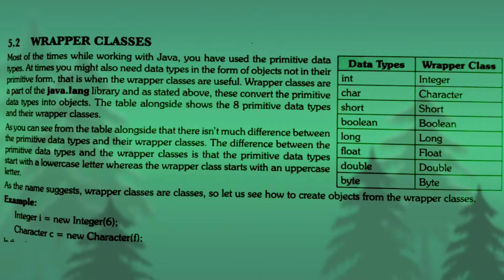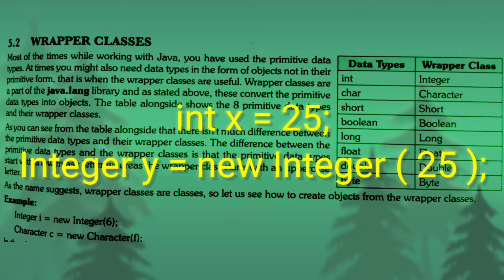We have 8 wrapper classes, which are a part of the java.lang package, and they are used to declare reference type variables, and they can also hold a value at their memory address. Now let's understand the concept of value type and reference type.